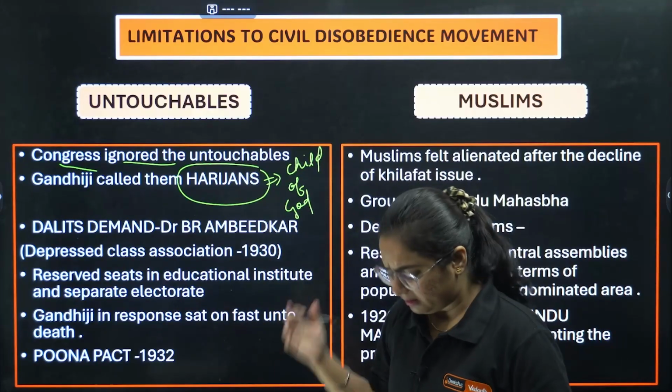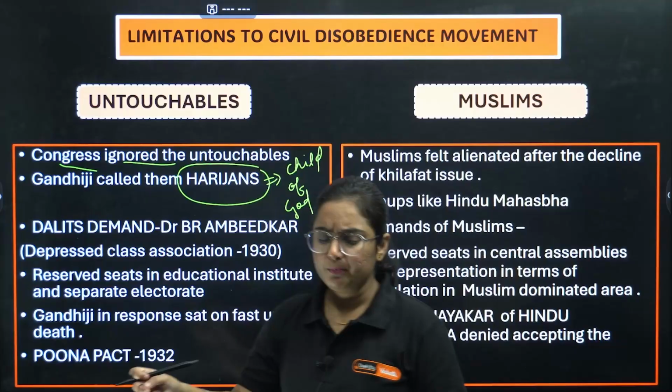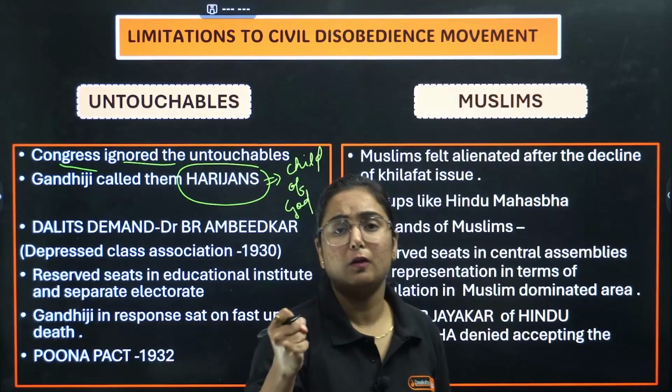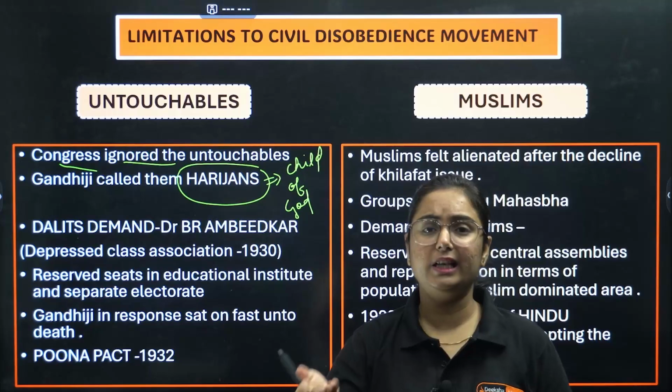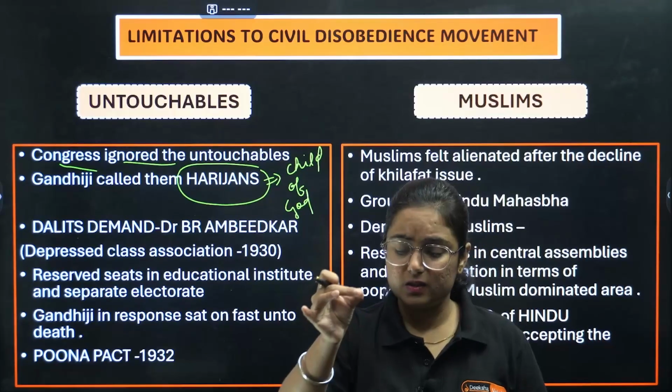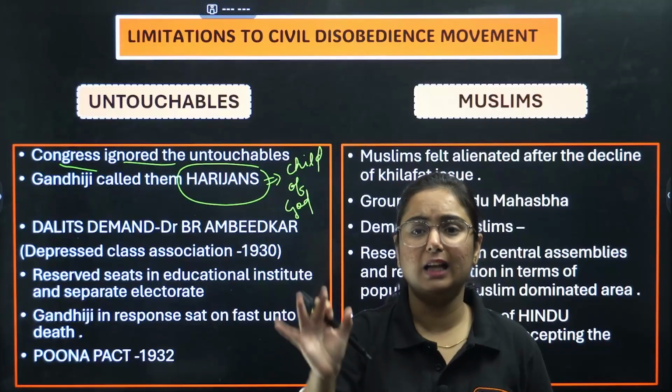We know that the Harijans or the untouchables had long years of struggle to gain equality in society. Just because of work, this division was done, and that was unfair.